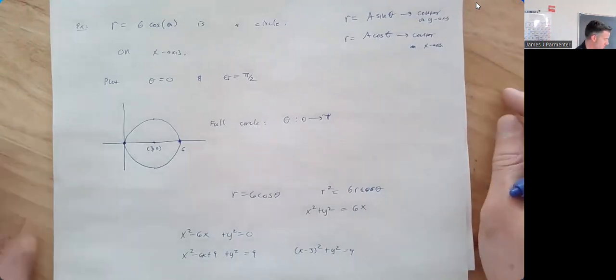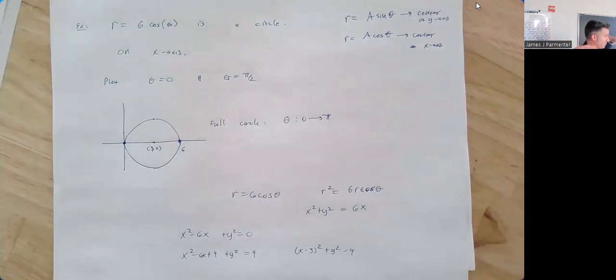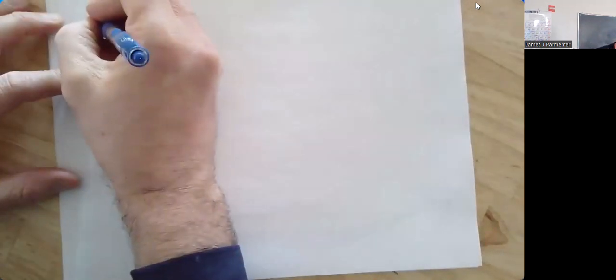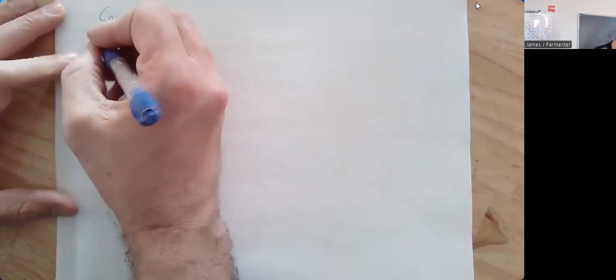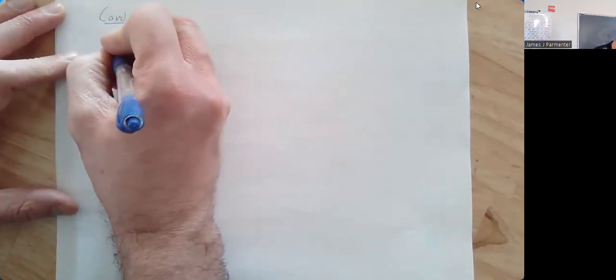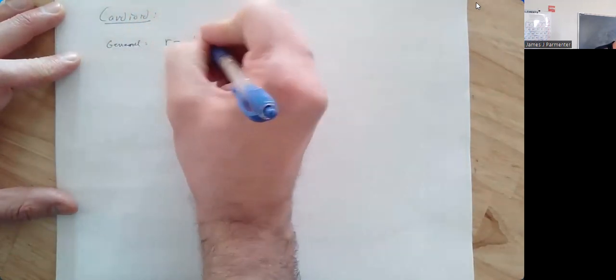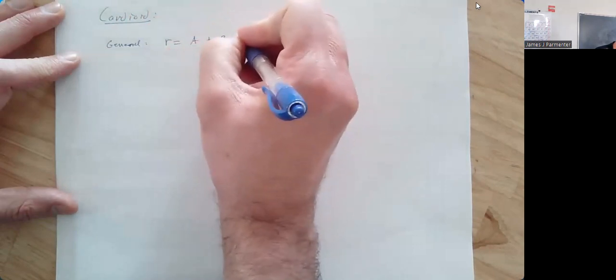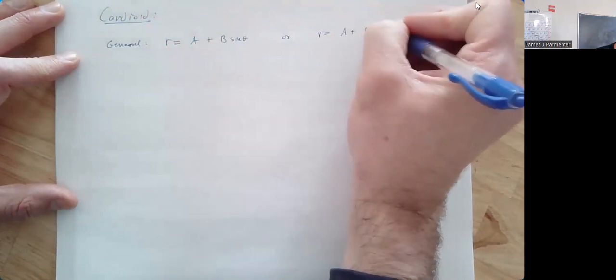The last one I'll point out, maybe not the last one, but the last one I think that's kind of standard to be aware of are cardioids, which are kind of a pain. So kind of the standard nicest cardioid you're going to see is one where, generally, the general equation is going to be something like r equal to a plus b sine theta, or r equal to a plus b cosine theta.